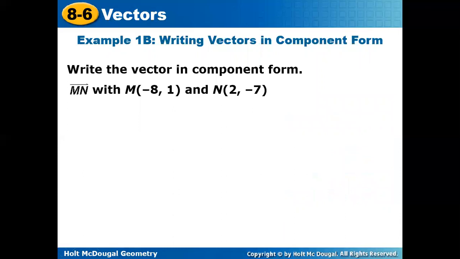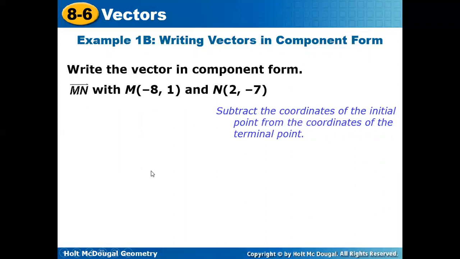Second part, write the vector in component form. The vector is MN. If I know the coordinates of the 2 points M and N, we can subtract the coordinates of the initial point from the coordinates of the terminal point. It means start with the terminal minus the initial.